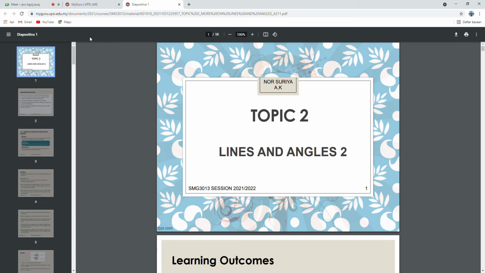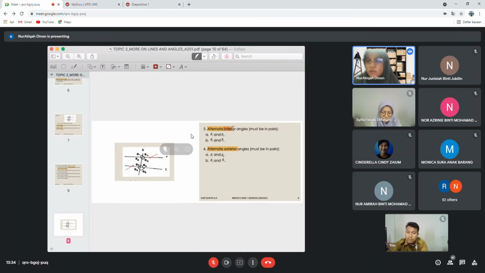And look at the name, it says alternate. So you can see it's kind of the opposite one. The opposite of theta 5 is theta 4 over here. And then for the alternate exterior, before this we looked at the interior, now we look at the exterior part. So if you have theta 1 over here, what will be the alternate exterior?